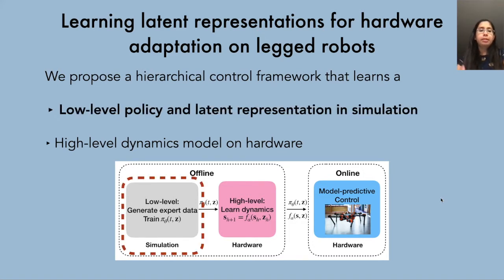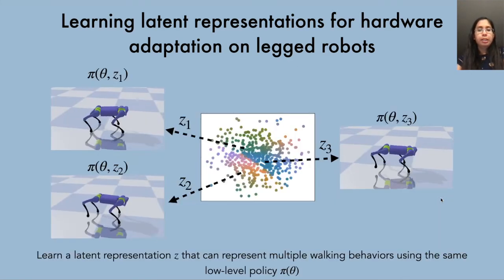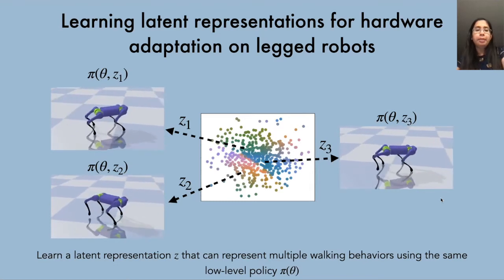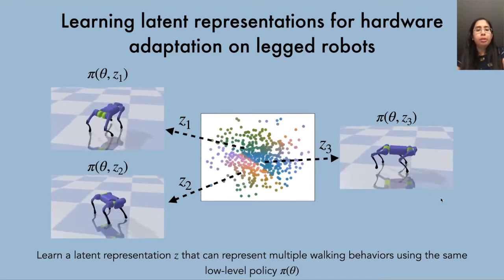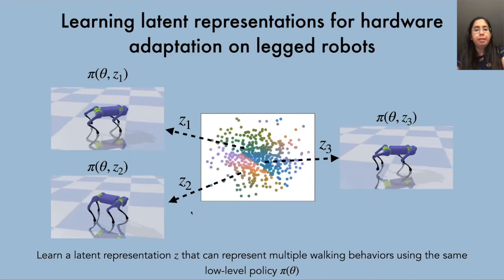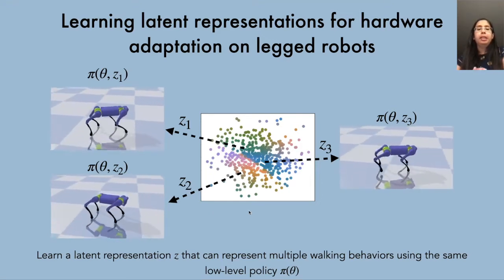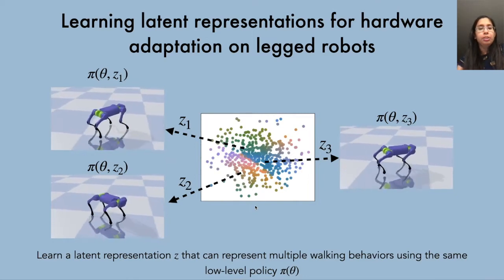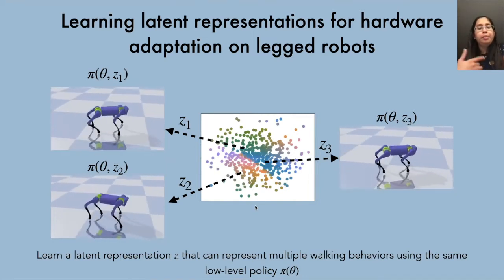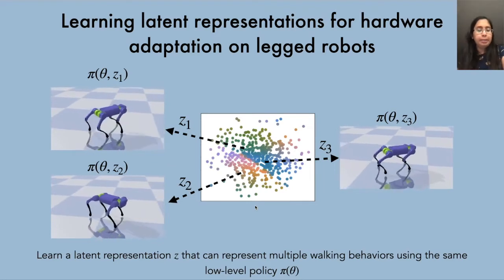So how would we learn such a low-level policy and latent representation in simulation? And the main idea here is that our low-level policy pi with parameters theta, along with the high-level latent representation z, should together be able to represent a lot of different walking gaits.